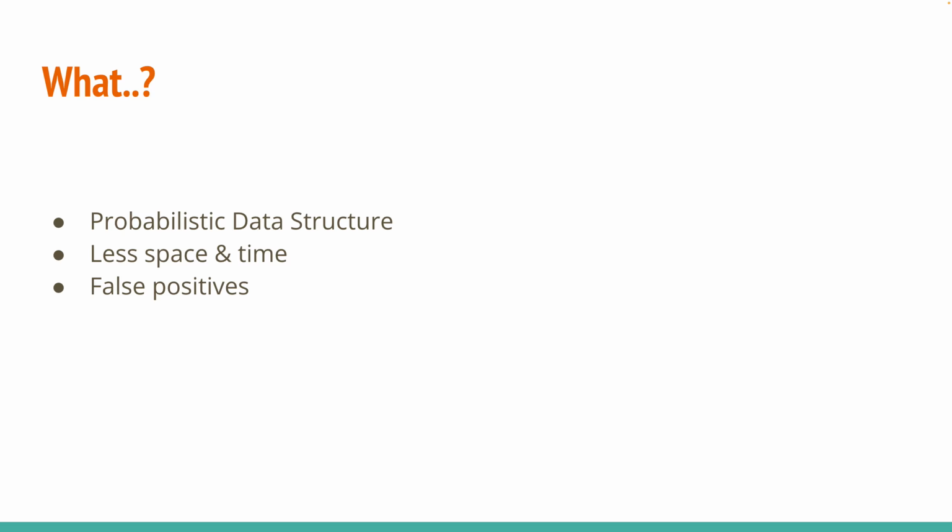When I say less space, it doesn't store the raw or original data as it is, but it uses something called a bit array internally, and it sets the corresponding bits to 1, indicating that a particular element is present. That's the crux of the Bloom filter, and that's how it saves a lot on space.